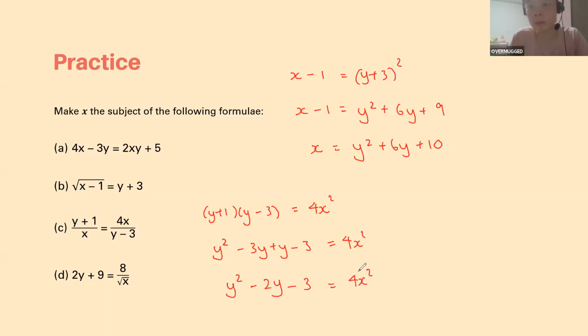Whenever you make something the subject, remember to put your subject on the left. It's just by convention when you present your answer. Then I divide by x squared first, divide by 4, and then I square root both sides to get rid of the square.